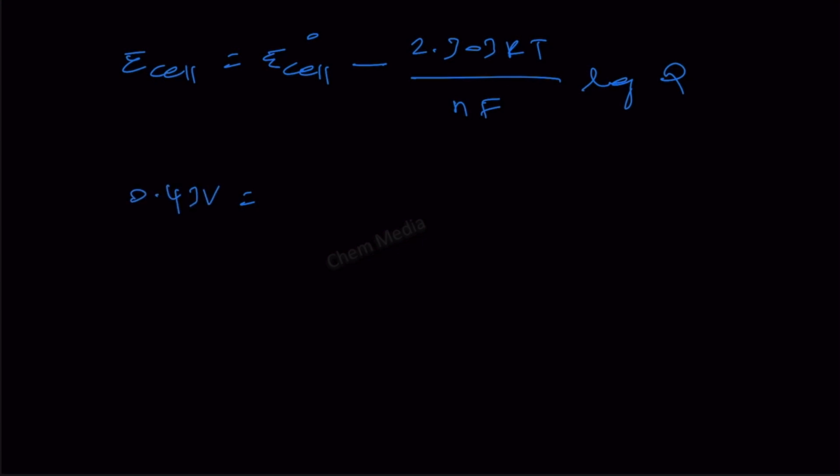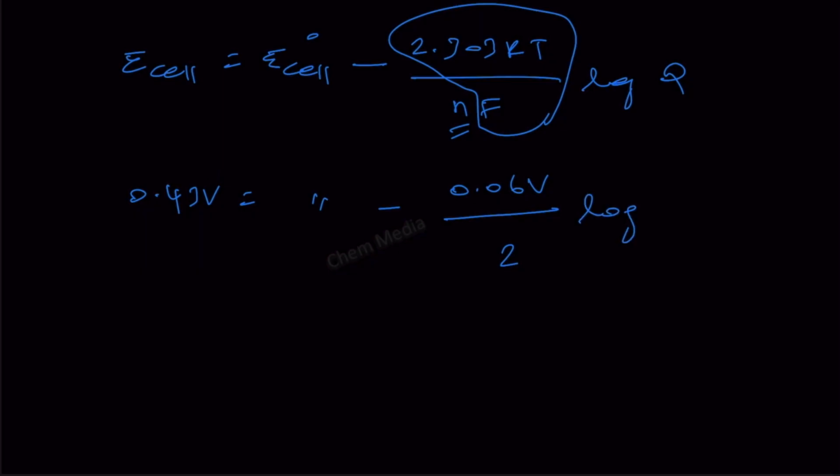Ecell Standard we need to figure out, minus this term is given as 0.06. So, therefore, 0.06 volt divided by number of electrons involved, which is 2, and then log Q, that is concentration of Cu2 plus, 0.001 molar divided by 0.01 molar whole square, isn't it?